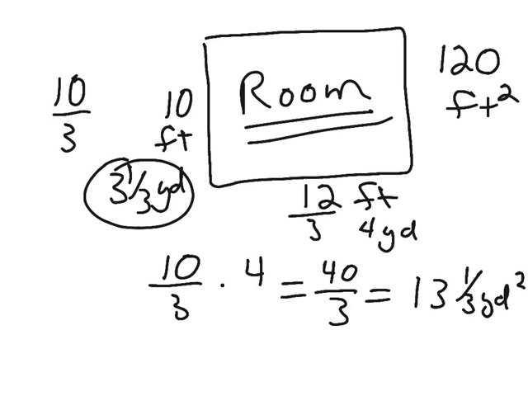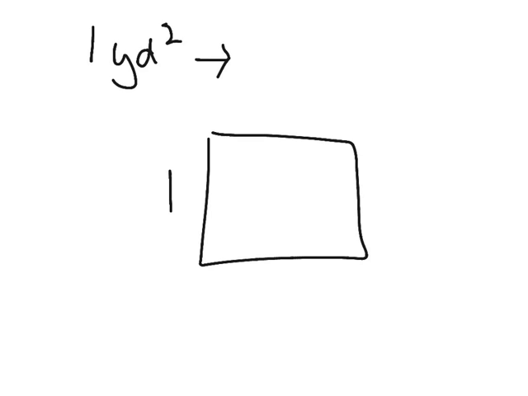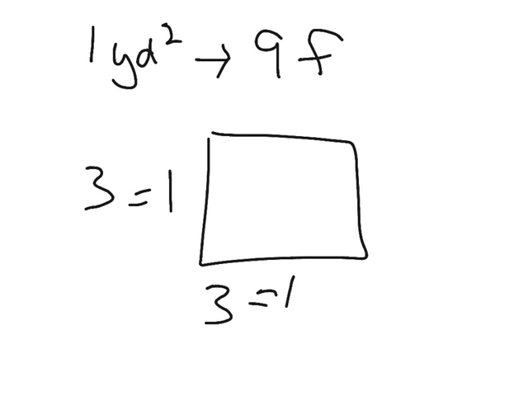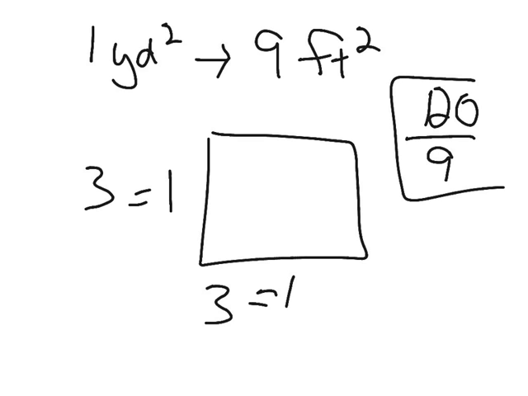So, if you look at our original calculation, and you ask yourself, 1 square yard looks like this, 1 by 1, would actually be 3 feet by 3 feet, which means it's 9 square feet. So you need to do 120 divided by 9 in order to convert your answer to square yards.